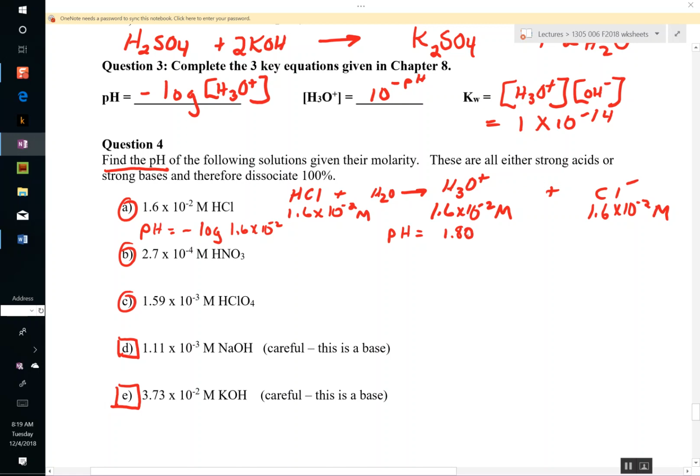My calculator gives me 1.795880017. I'll round that off to 1.80, or 1.8, either one. I should have given you this concentration to 3 significant figures, 1.60.